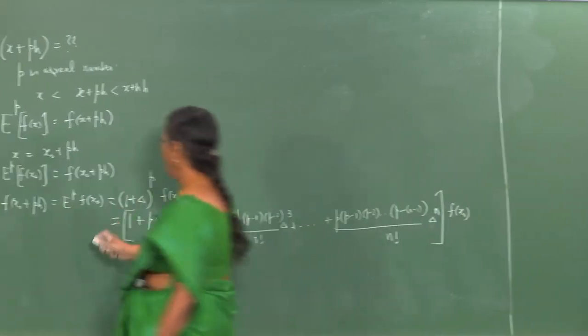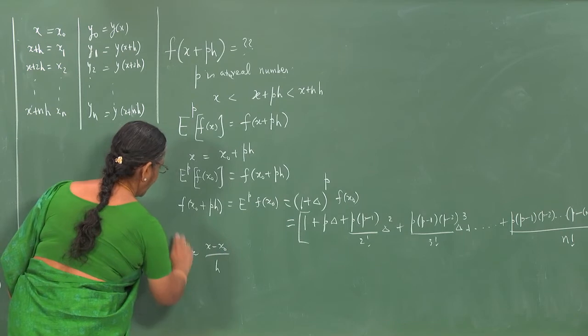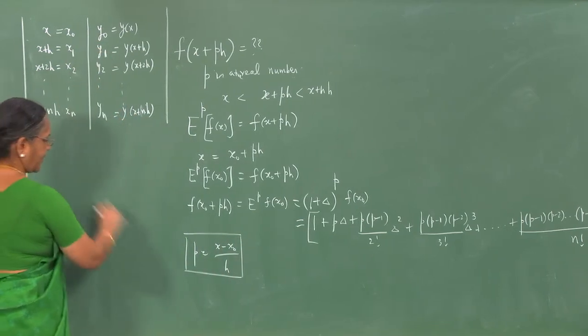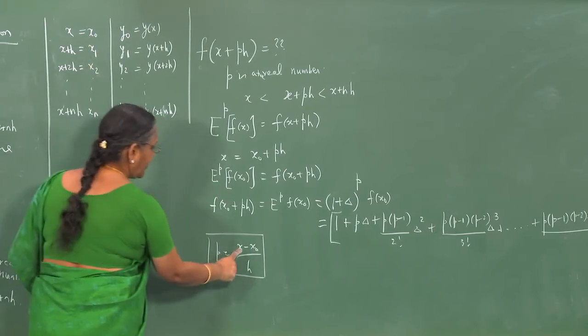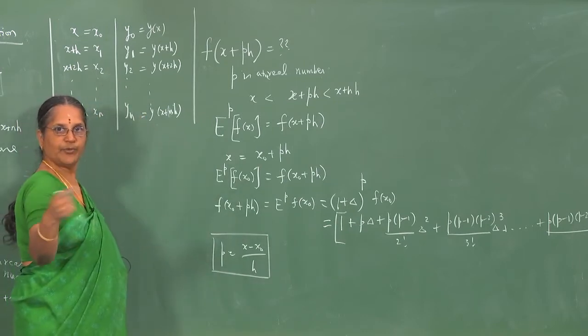What is p here? So, p is x minus x naught divided by h. So, given the information, I know what x naught is, and the x at which I require the function value will be given to us.